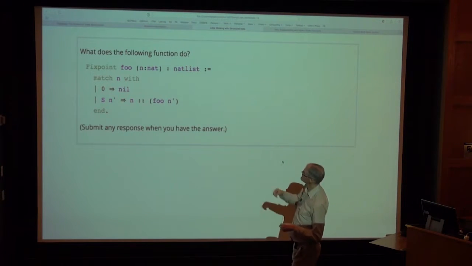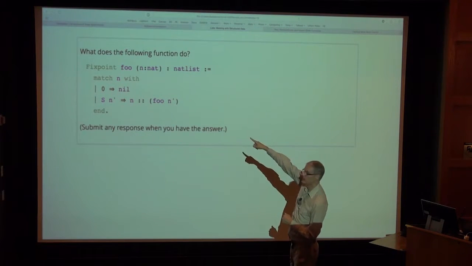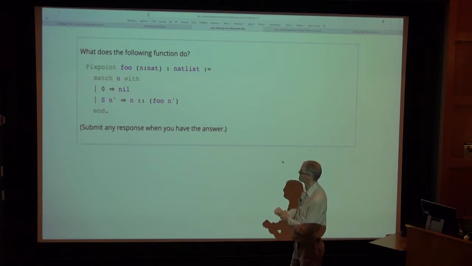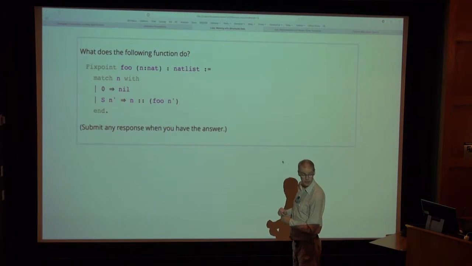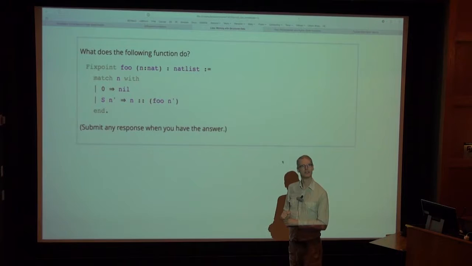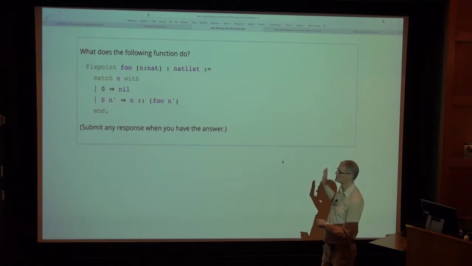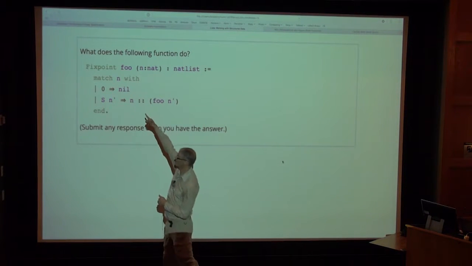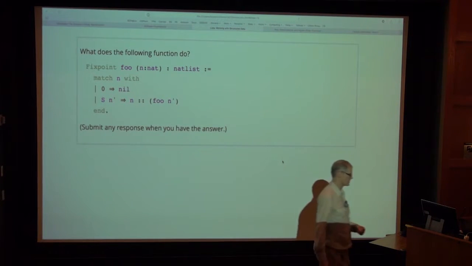You give it a number from the first line, and it's going to give you back a list of numbers. N to 1, in which order? Descending. So we'll have n at the front and then n-1 and so on, but it won't have 0 at the end because we returned nil here rather than a singleton 0 list.